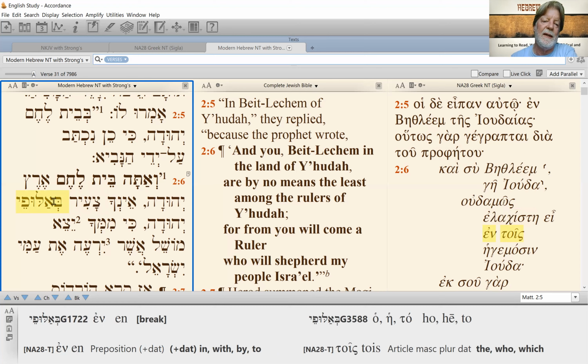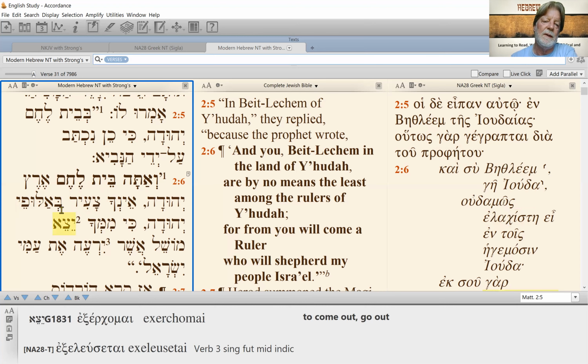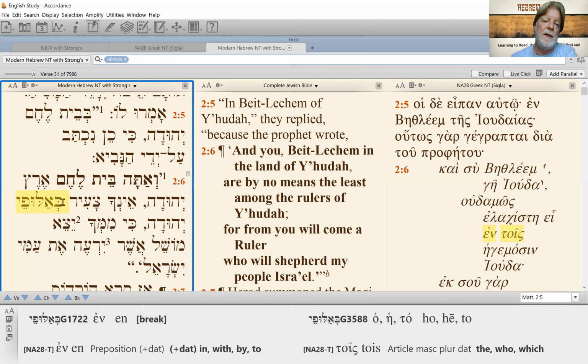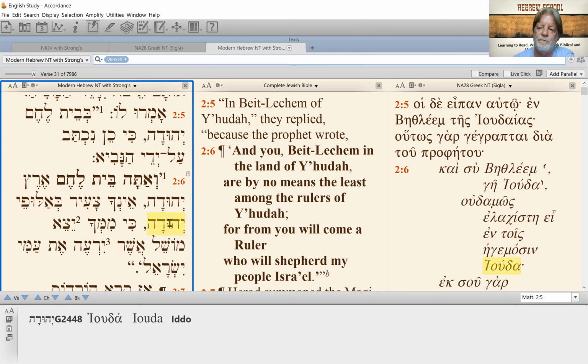Ba'alufe, the bait is a prefix. It's a preposition meaning in, or in this case it means among. So it would be kind of in the midst of or among. Alufe, the alufe are the thousands of Yehuda.